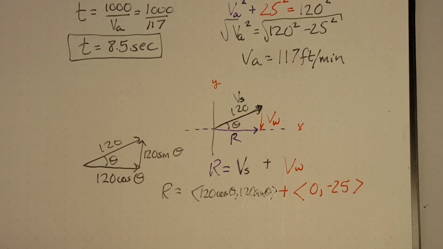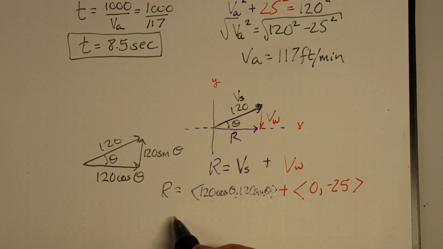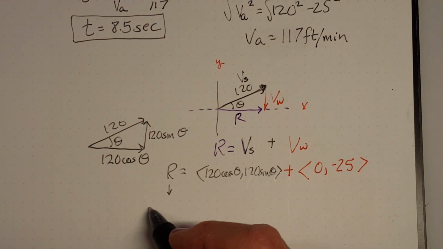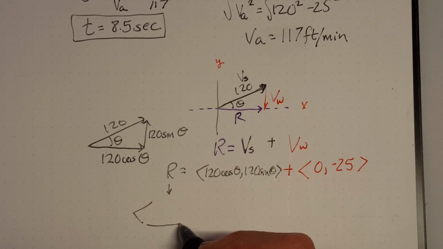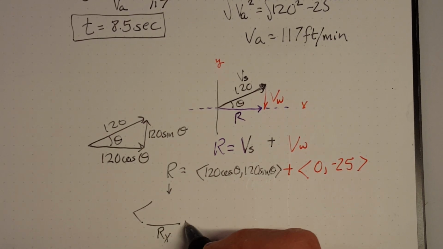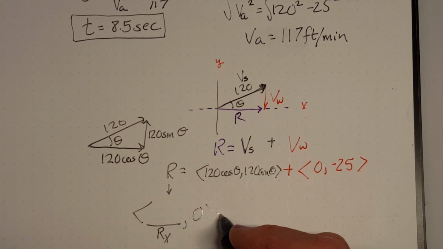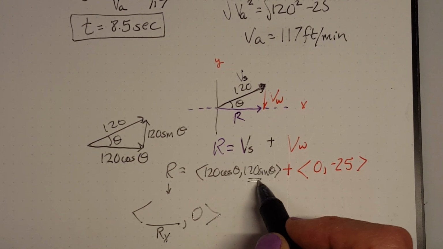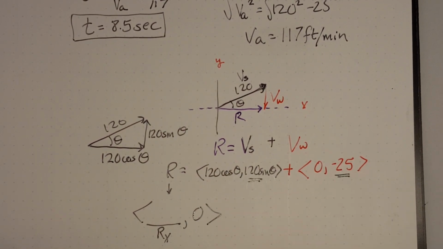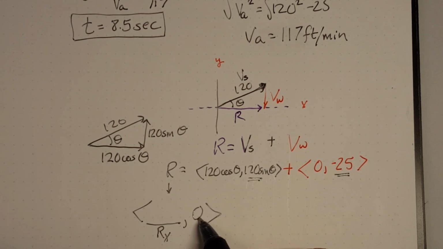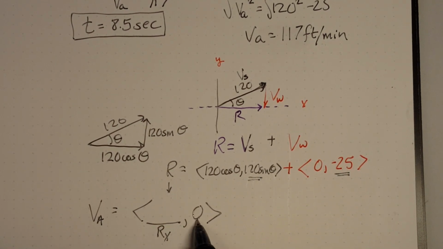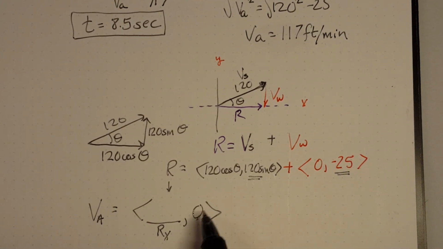That's her resultant. Now, if I want my resultant vector to be directly across the river, that means that I want an x piece, but I don't want any y direction. I don't want her to be going up or down the river. So that means that 120 sine of the angle plus negative 25 has to equal 0 in order for the across vector to have 0 in the downstream direction.